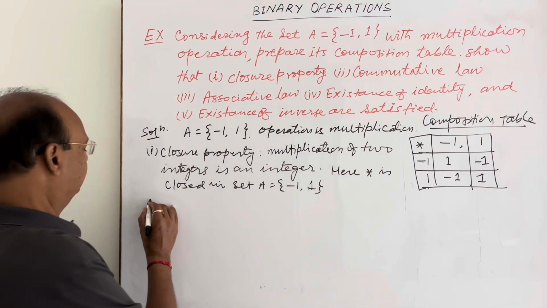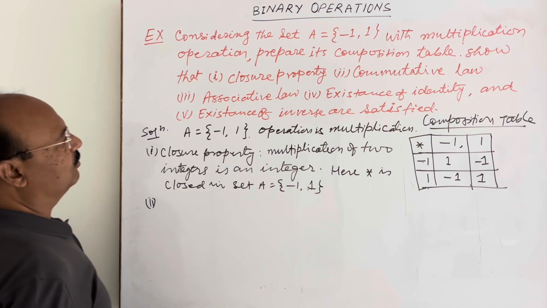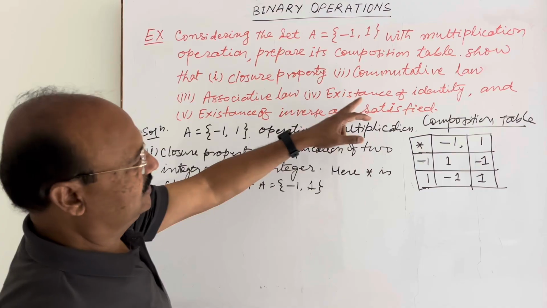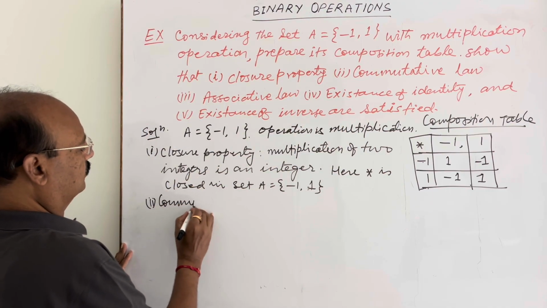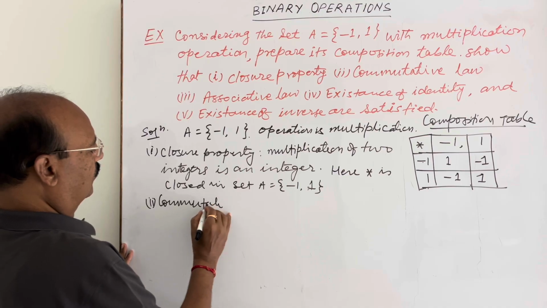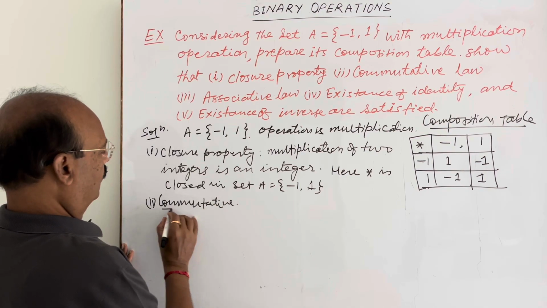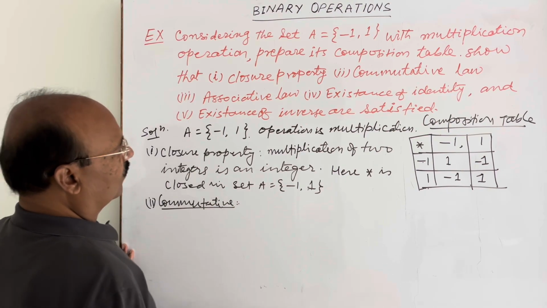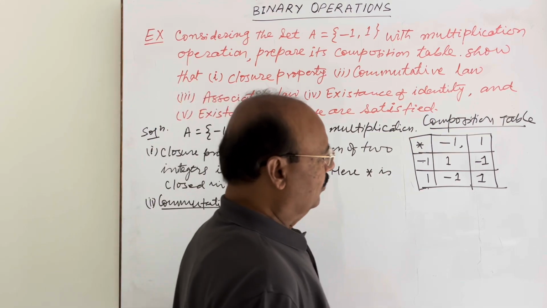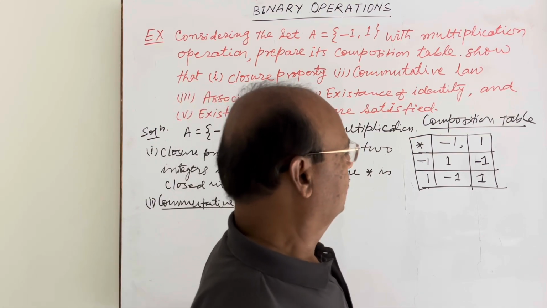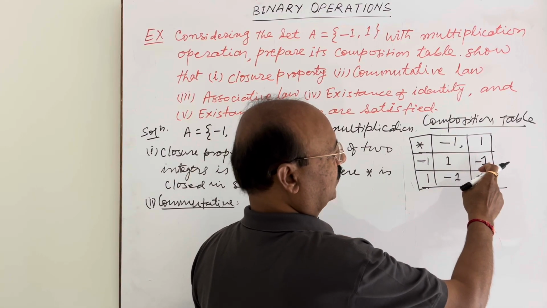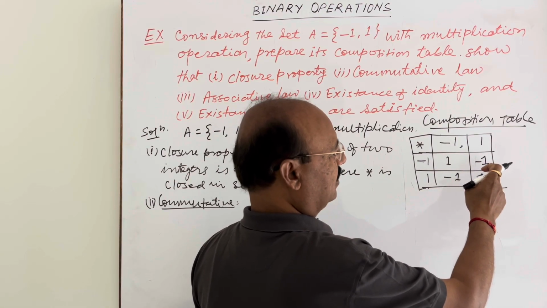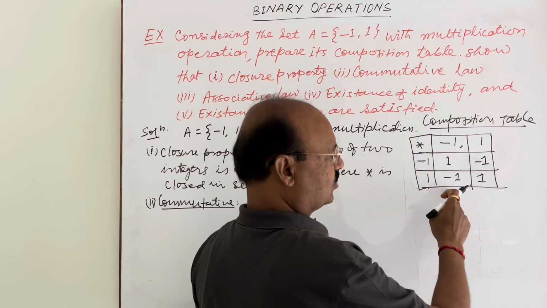And second, we have to show that this is commutative. Commutative is checked by showing that the first row is exactly similar to the first column.